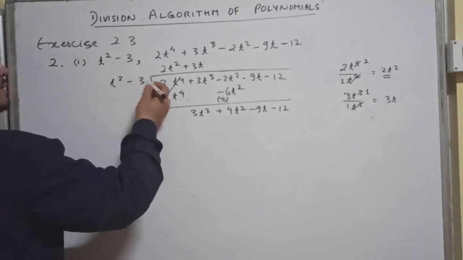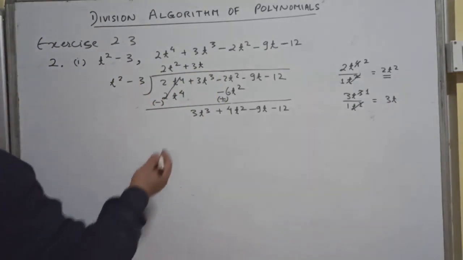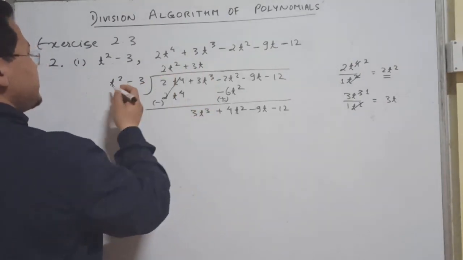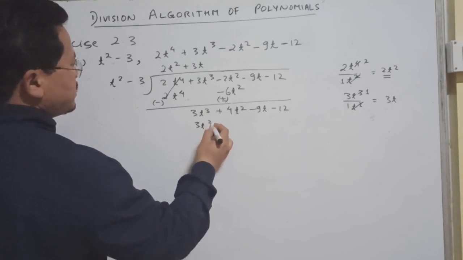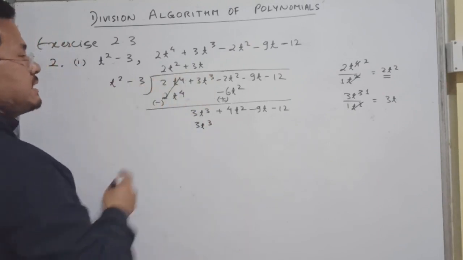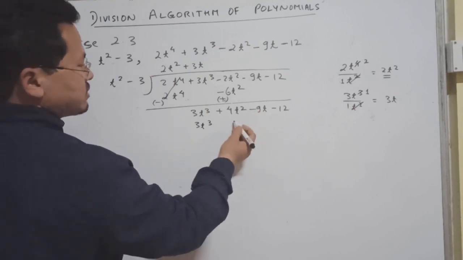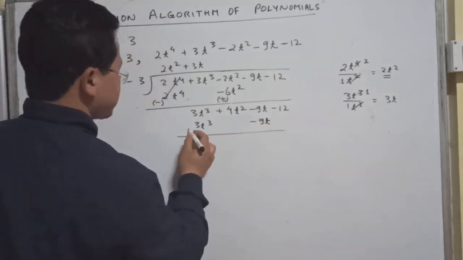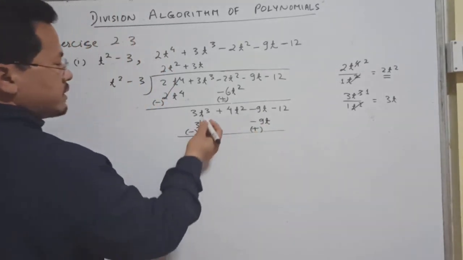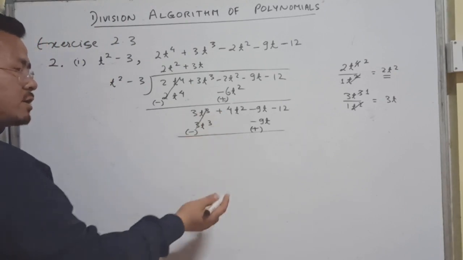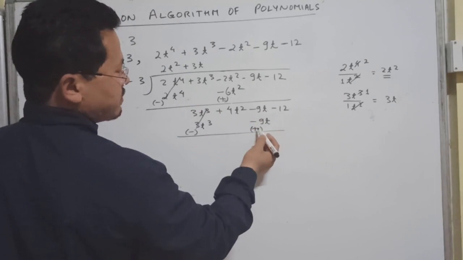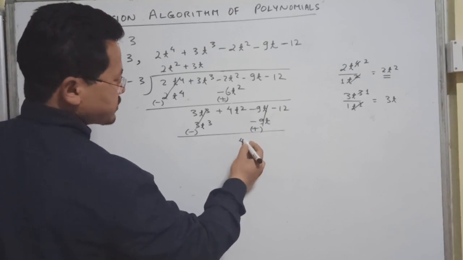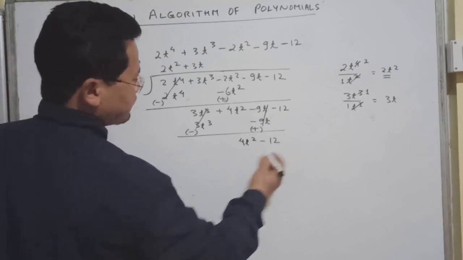Again we multiply these two numbers, keeping in mind that it has to go in the proper place. So 3t into t square is 3t cube. 3 into 3 is 9t, so minus 9t. We subtract. The t cube terms cancel because they are opposite in sign and equal. The t square term remains, so 4t square minus 12 drops down.